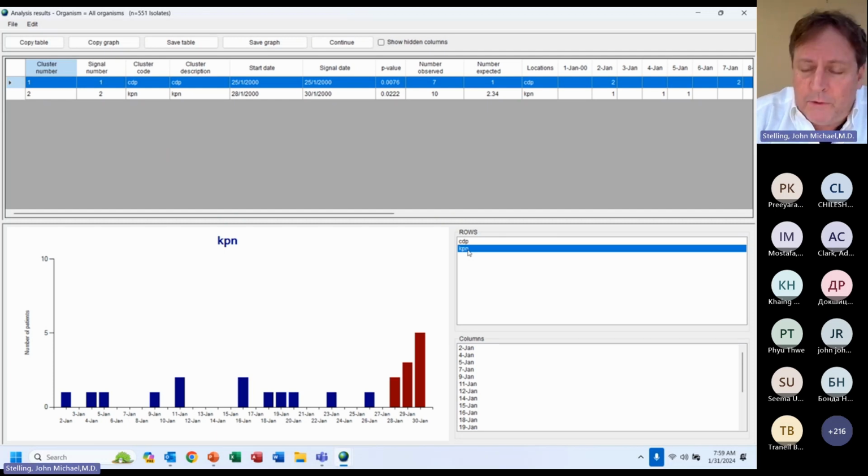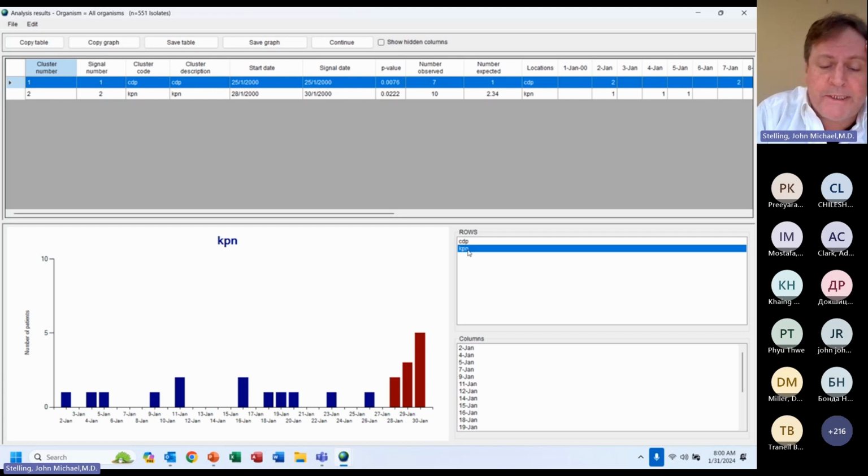For the other rows, they just simply disappear. Because this is what you want on a daily basis. I don't want to see all of the other organisms if there is no cluster. So this analysis is a subset of that first analysis where it is only showing me the rows that are statistically significant.